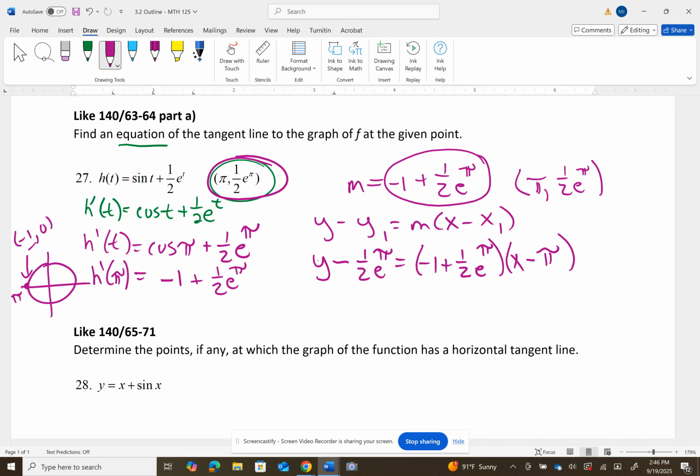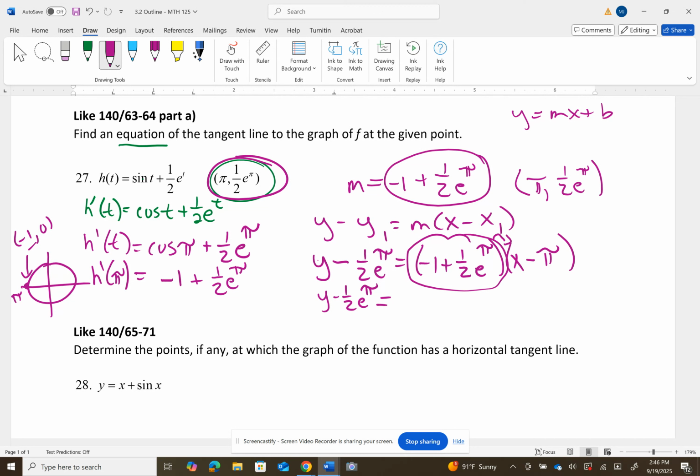Right. And then clean this up a little bit. So this one, sometimes when they're bad like this, the answers in the back of the book won't wind up having the answer looking like y equals mx plus b. Instead, they get it where everything's on the one side equal to 0. Okay. So I'm going to go ahead and just think of it as an mx plus b. So this is my slope.